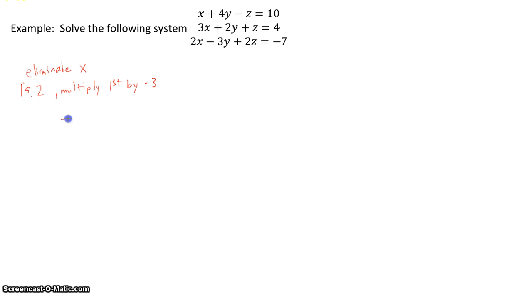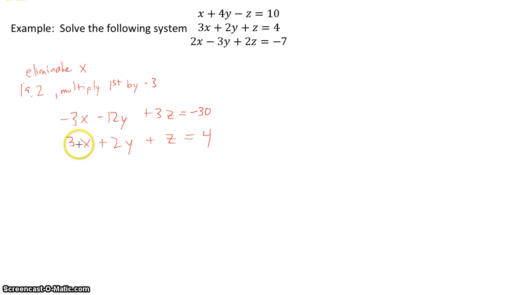So what I'm left with is -3x minus 12y plus 3z equals -30. Then 3x plus 2y plus z equals 4. I wrote these down wrong, because I'm just multiplying the first one. So all I did was multiply the first one by -3. The second one I left alone.